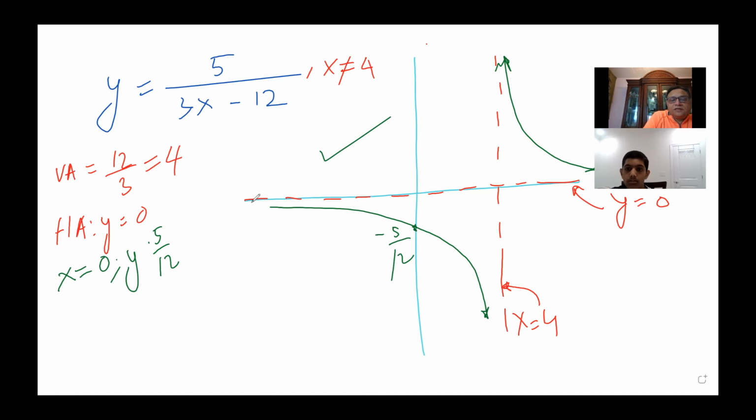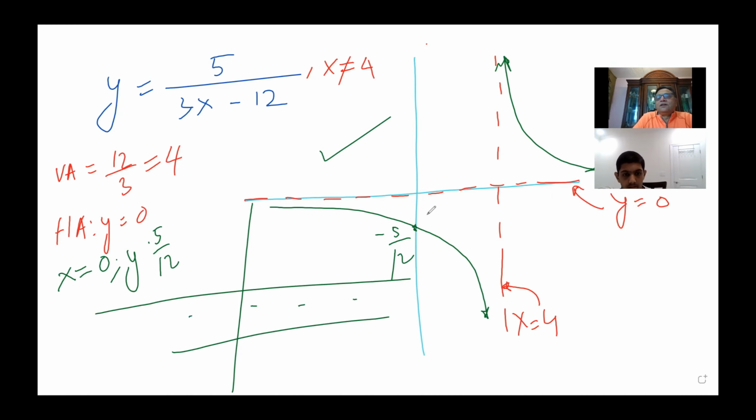And if on this you have more values, do you understand? You will get the other points, which will be kind of like this. Is that okay? And you get 100% marks. This is what you have to do when you have a rational function which has a constant on the numerator. Is that okay? And a linear function in the denominator. Okay.